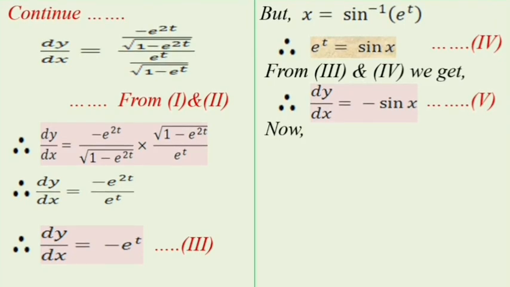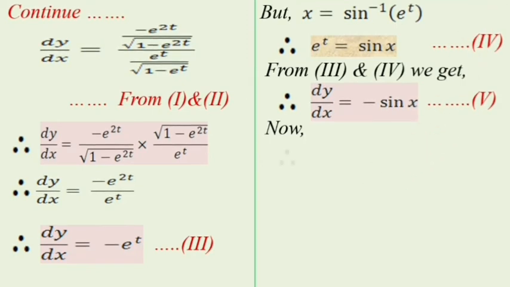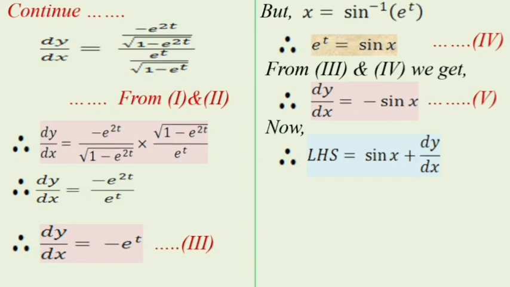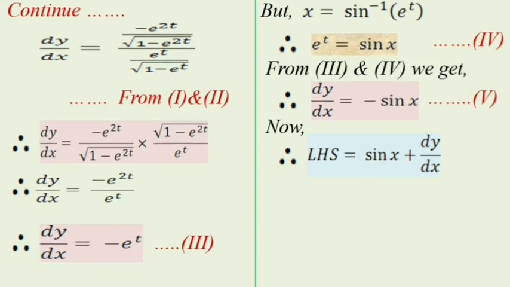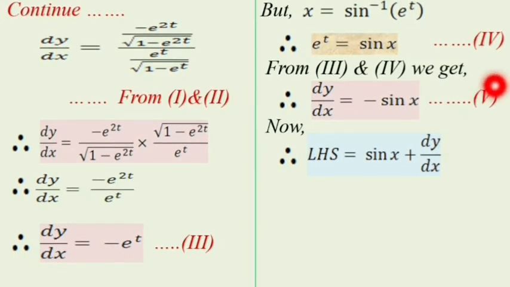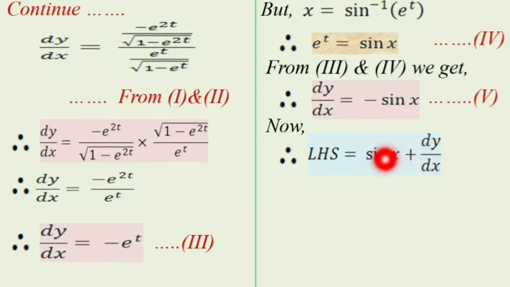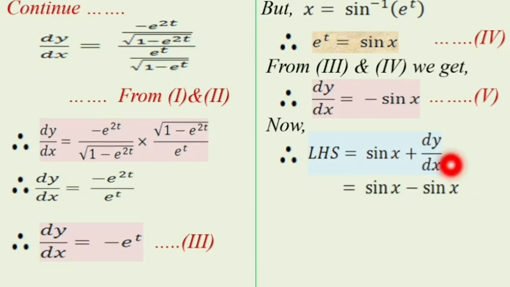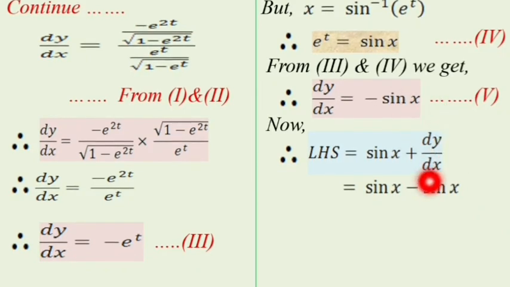Now we have to show that sin x plus dy by dx equal to 0. Taking the LHS first, LHS equal to sin x plus dy by dx. Substitute the value of dy by dx from equation 5 in this equation, then the equation becomes sin x minus sin x, that is dy by dx equal to minus sin x.